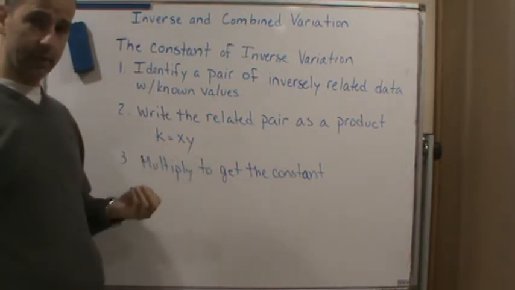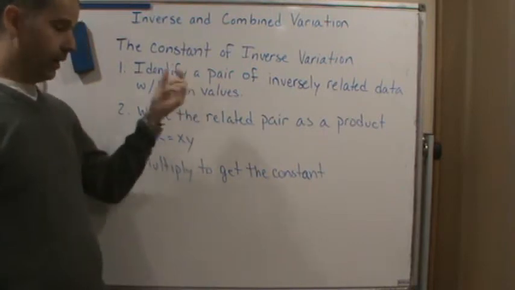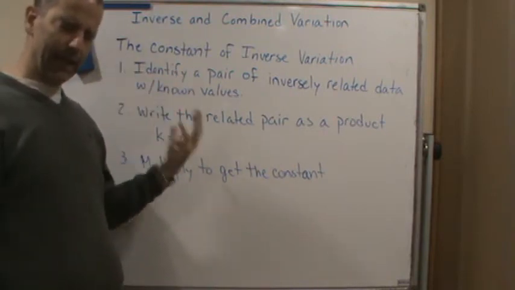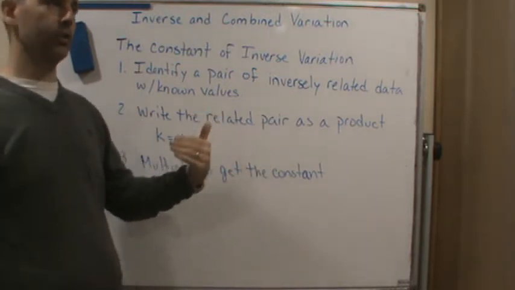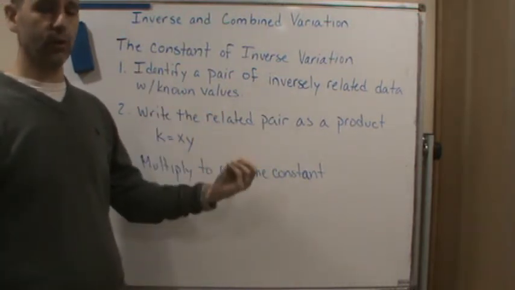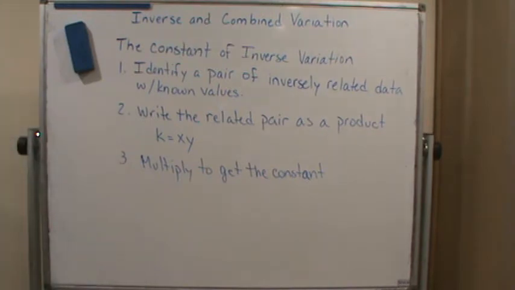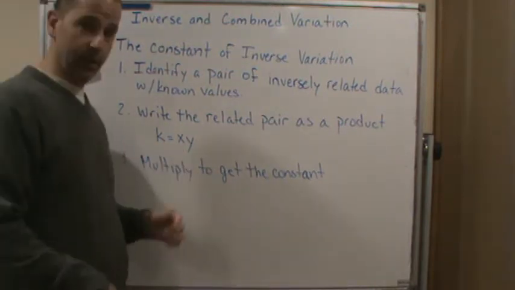So if the product of xy is constant, if y varies directly as x, or if x varies inversely as y, or y varies inversely as x, then we know that the product has to be constant, okay?